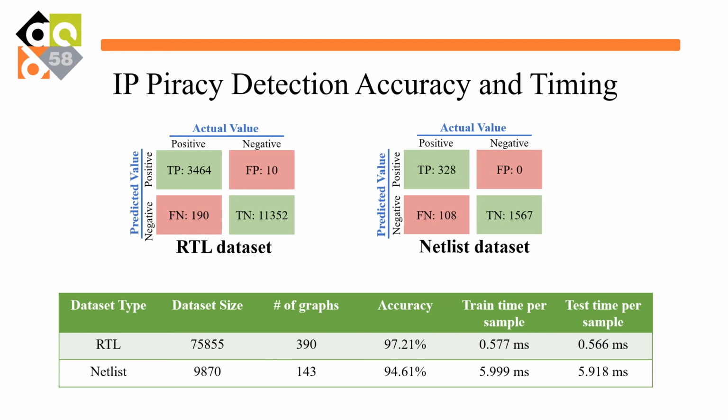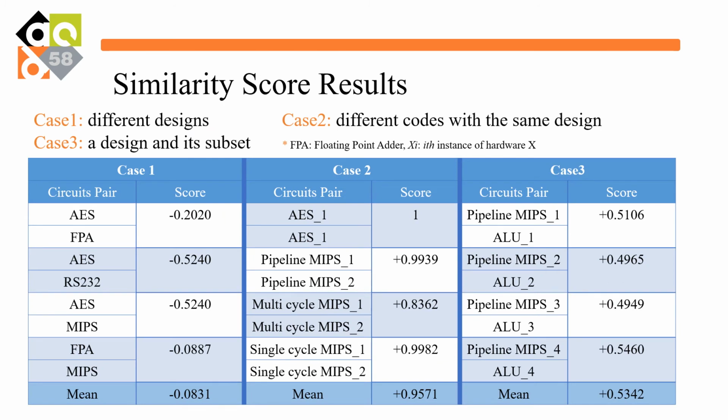As you can see, the timing for the netlist in general is higher because the number of nodes for gate level netlist designs is much larger, with around 3,000 nodes on average, compared to the RTL design with 1,000 nodes on average.